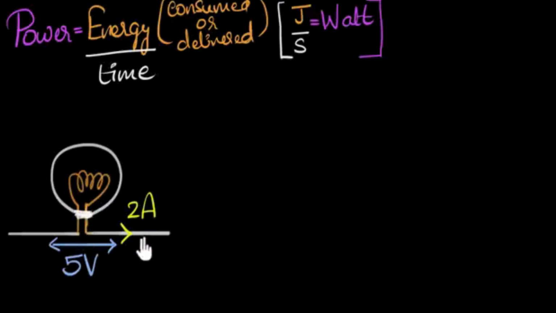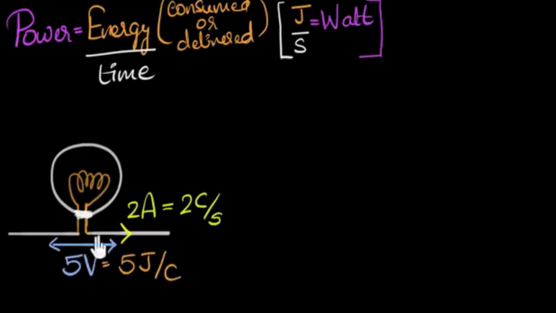To do that, we'll first recall what current and voltage means. 2 amperes means 2 coulombs per second. This means through any point in the circuit, 2 coulombs of charge are passing by every second. And what does voltage mean? Volt is joules per coulomb.